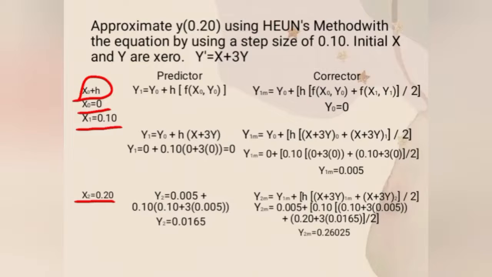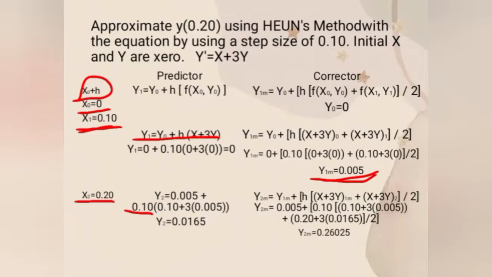Let us proceed with the second y sub, or the y sub 0 here in the predictor. Same with this equation, y sub 2 is equal to y sub 1, which is y sub 1m, which is this one, 0.005, plus h, which is 0.10, multiplied by 0.10, that is the value of our x sub 1, plus 3 times the value of our y sub 1, which is again this one.